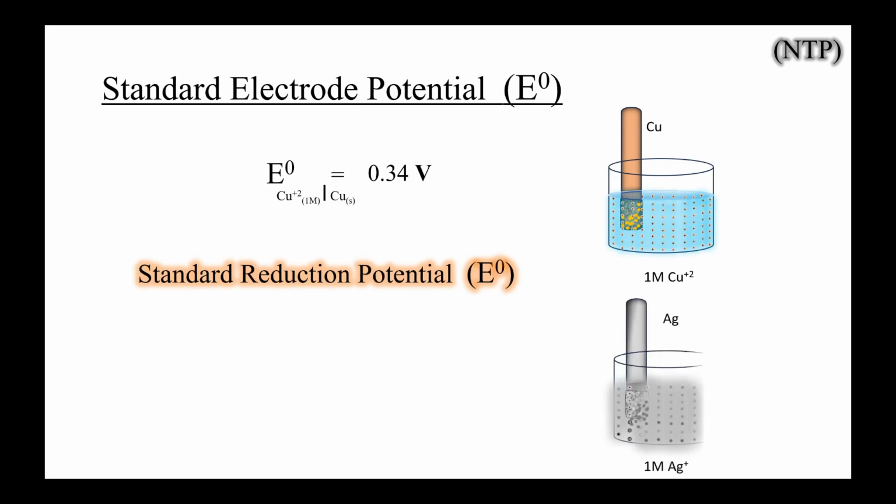Similarly, the standard reduction potential of the silver electrode is 0.80 volt. It means the standard reduction potential of silver is more than that of the copper electrode. It means silver wants to undergo reduction more than copper.